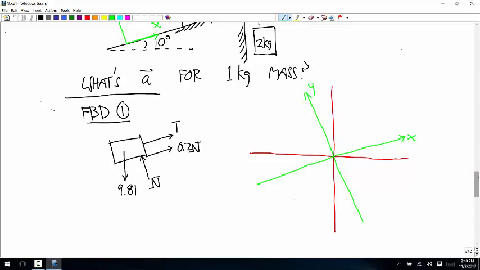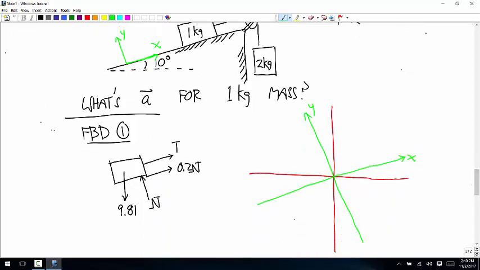And now we can read just directly off the picture that the relationship between the x-axis and the horizontal here is 10 degrees. So this is 10 degrees. Okay. And if that's 10 degrees, then the angle between these two has to be 10 degrees. And the angle between these two has to be 10 degrees. And this one, 10 degrees.